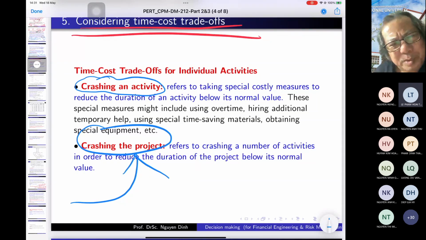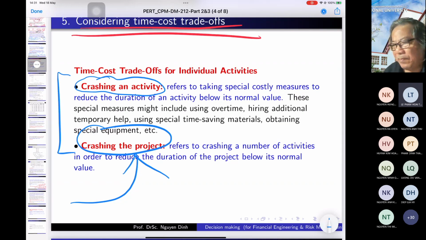So which ones should we reduce? And for each node, how many weeks should we reduce? Maybe for this node we reduce 1 week, and for that node we reduce 2 weeks, or something like this. Is that okay? So that is two equations for this.